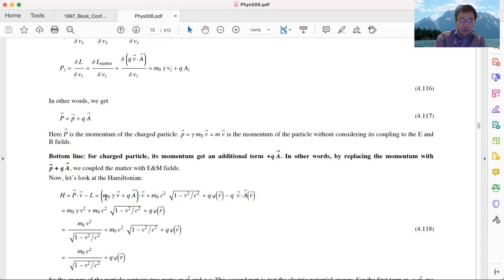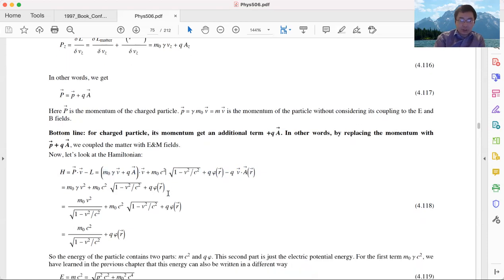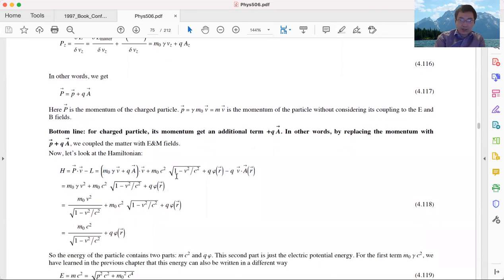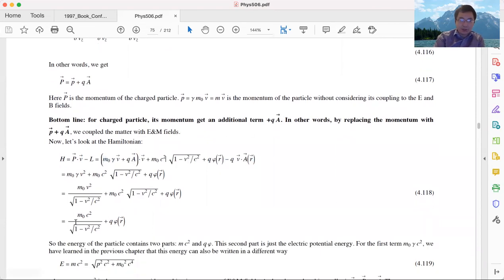We can simplify this formula a little bit, and after some simplification, most of the terms cancel out, and eventually we get a very simple form. The first term is again our old friend, mc squared. That's Einstein's prediction: the energy of a point particle, the energy of an object, is mass times speed of light squared. But for charged particles, there is one additional term for the Hamiltonian.